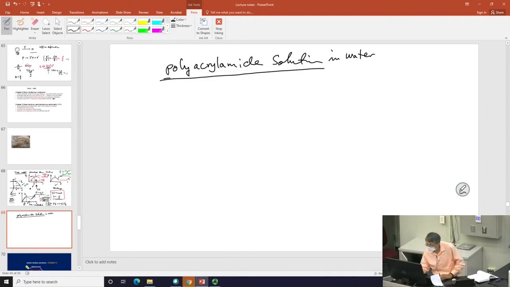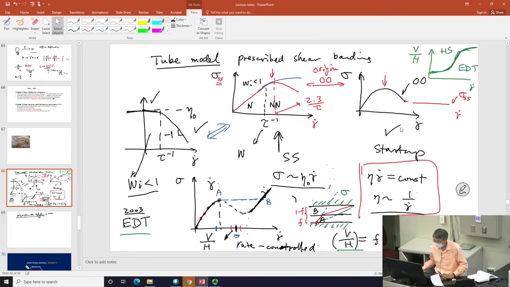But the author quickly rejected the connection between the shear banding he observed in this solution and the tube model. Because if there is, you're kind of supporting the essence of the tube model, because the tube model had a feature, indicated by the red, and that feature has the implication that there must be shear banding.